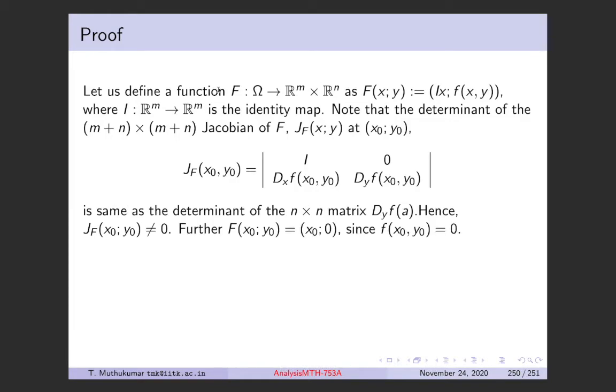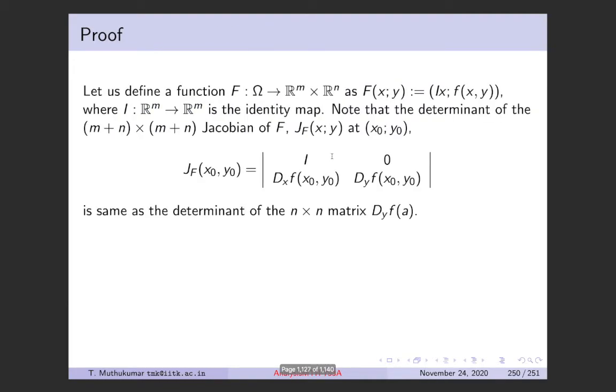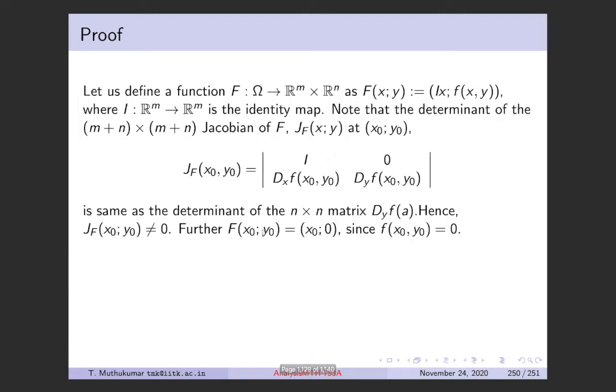right? And what more do we have by definition? F of x naught comma y naught. F of x naught comma y naught is x naught comma 0, because f of x naught comma y naught is 0. That's given to us. f of x naught comma y naught is 0 for this x naught y naught, right? So capital F of x naught comma y naught is actually x naught comma 0.